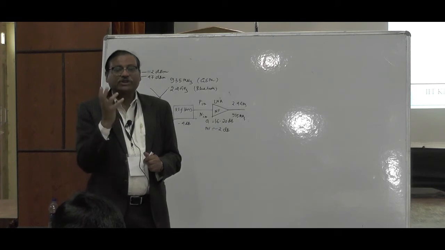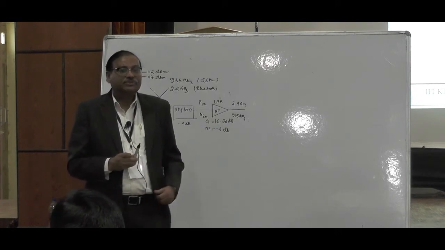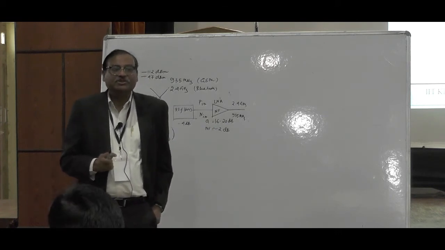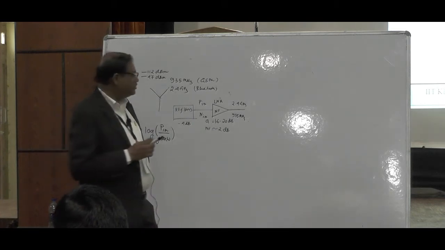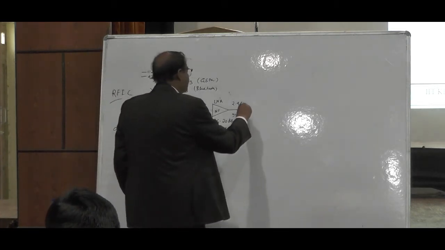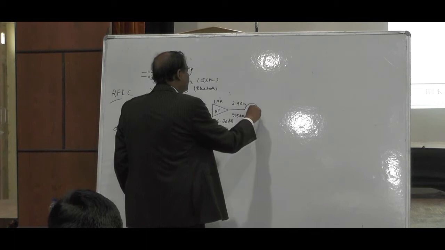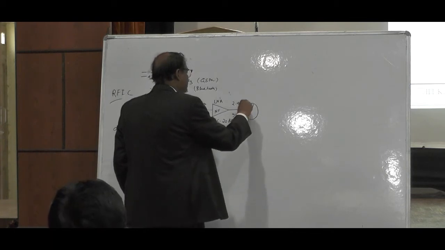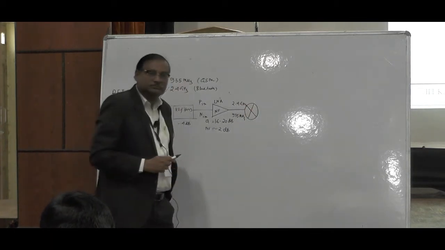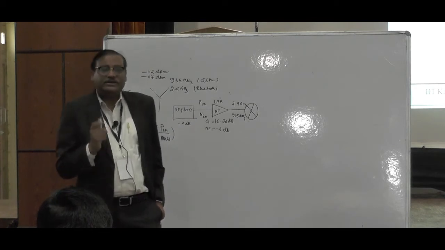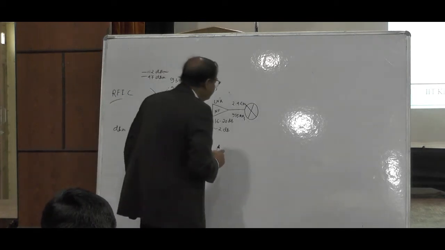You understand why you need a frequency down conversion? Because at that high frequency it's not easy to process it digitally. So therefore the next important block is the mixing. We will talk in detail about the mixing operations.